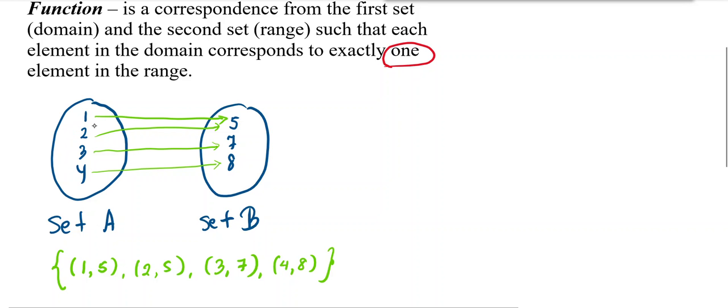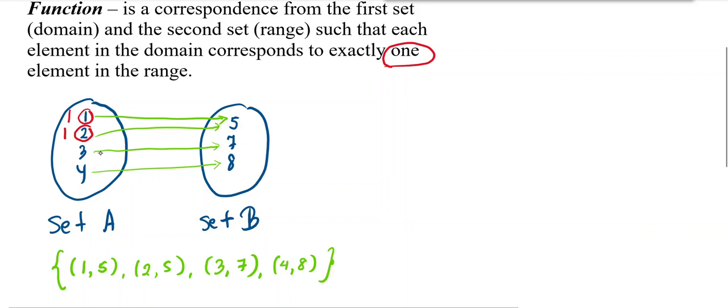Okay, so 1 corresponds to 5, therefore we can say that it corresponds to just one element on the second set. What about the second element, the 2? 2 corresponds to 5 also, so we're going to say it corresponds to 1.